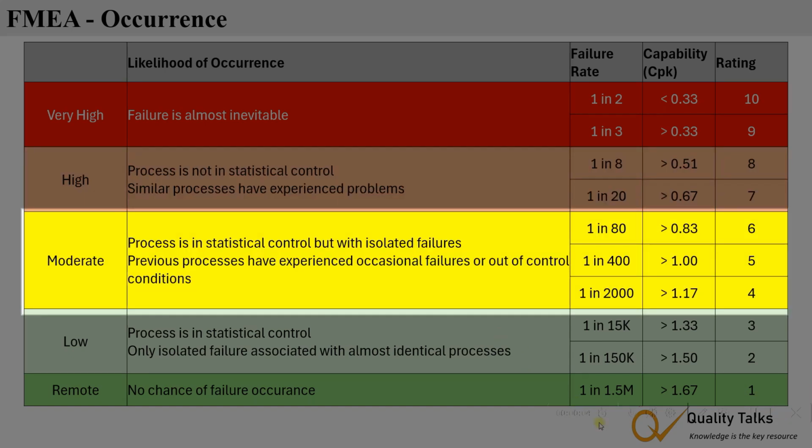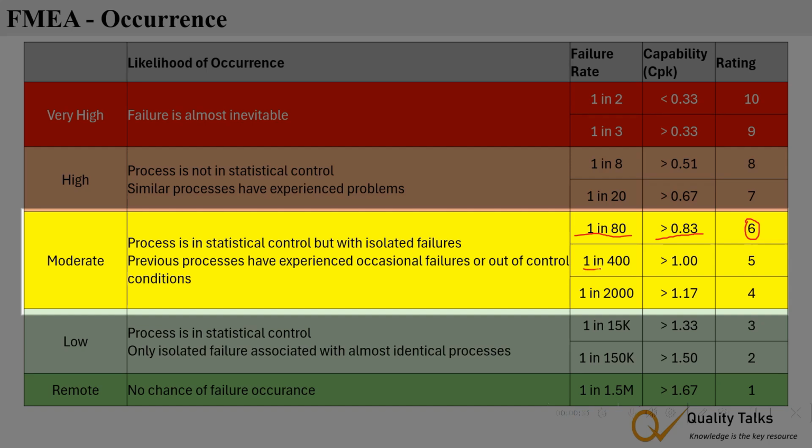Let's discuss occurrence rating 6, 5 and 4. For occurrence rating 6, the failure rate is 1 in 80, or process capability is higher than 0.83 but lower than 1.